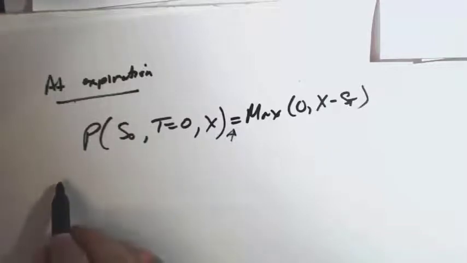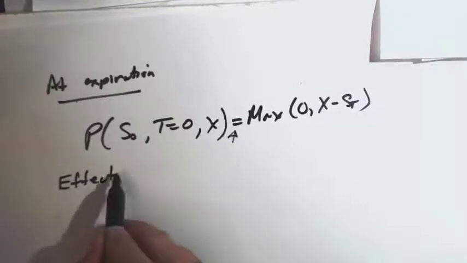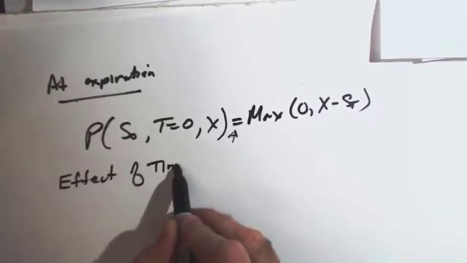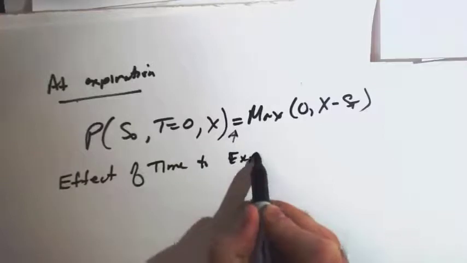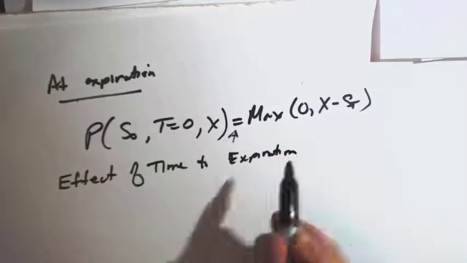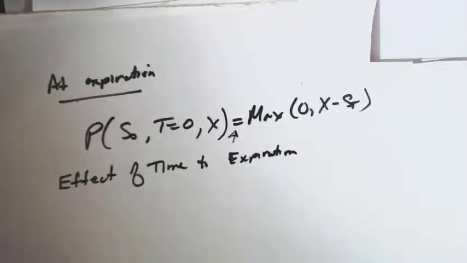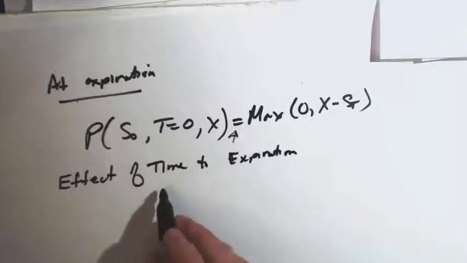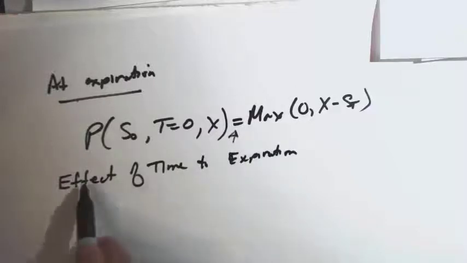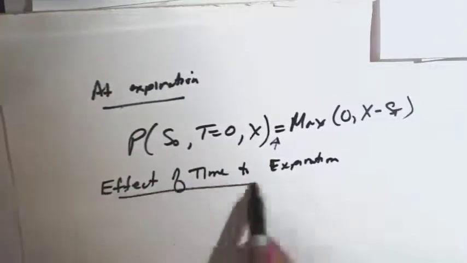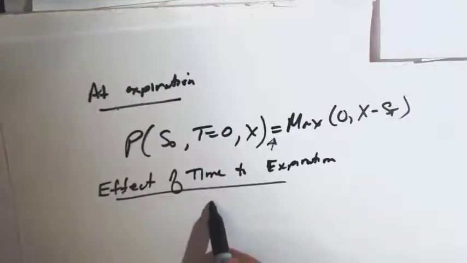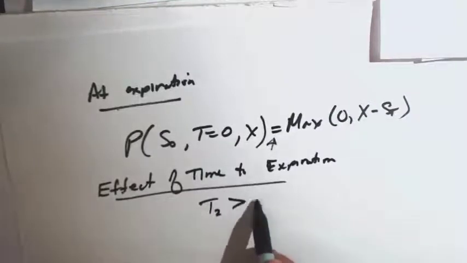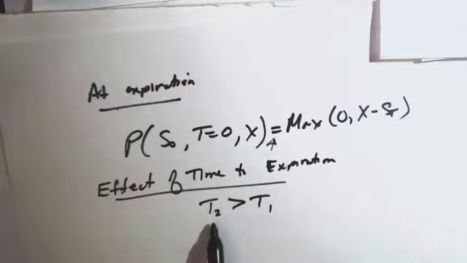Okay, so now the next thing we want to do is the effect of time to expiration. And the effect of time to expiration, all it says is, look, if you have a put, just like with a call, that the longer the expiration, T is greater than T1, then the more valuable the option will be.